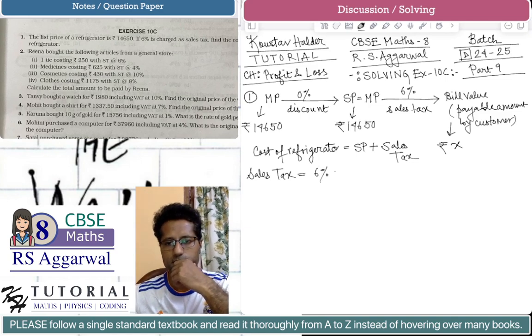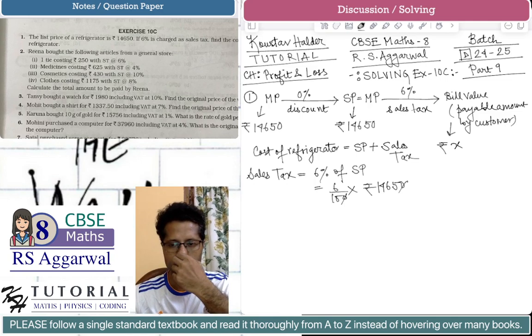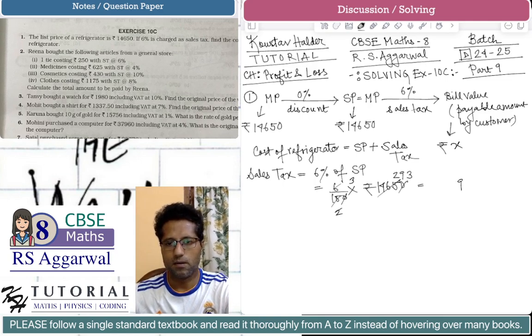That is 6% of the selling price, which is equal to 6 by 100 multiplied by rupees 14650, which is equal to 879. So the sales tax is rupees 879.